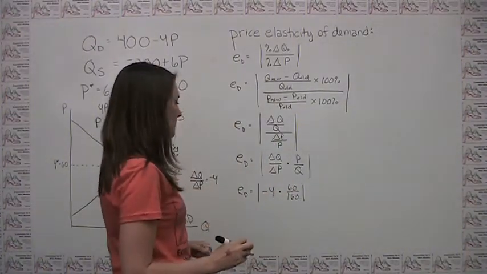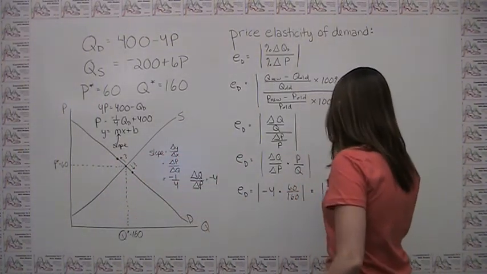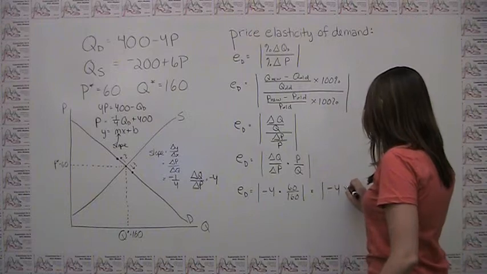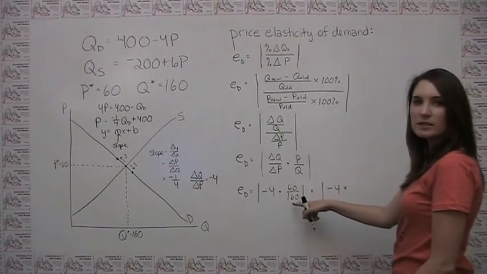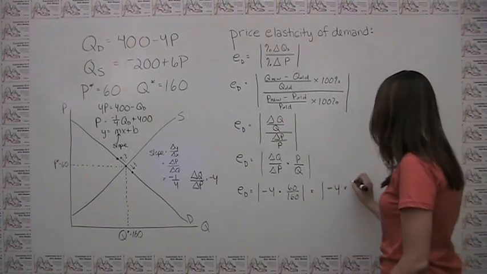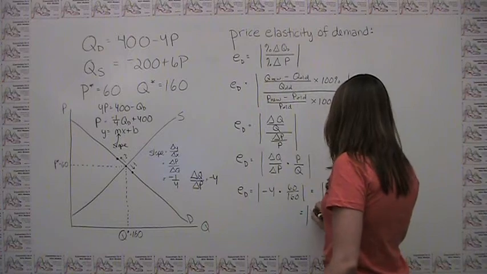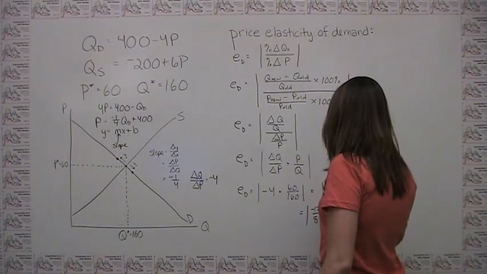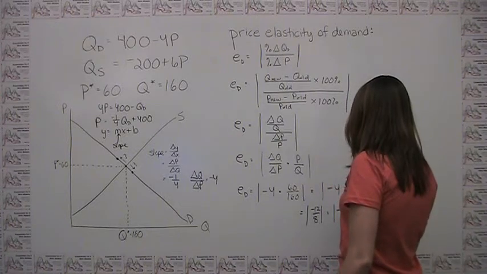And we just go through some math here and notice that this is just negative 4 times, what do you get down here? So 6 over 16, which is 3 over 8. So just negative 4 times 3 over 8, which is negative 12 over 8, which is the absolute value of negative 1.5.